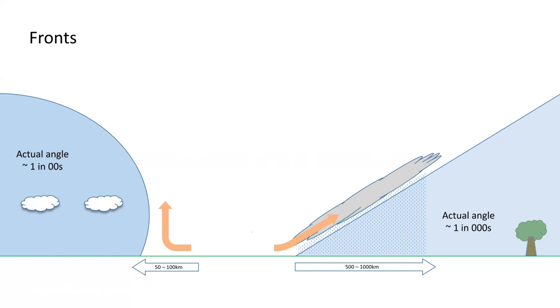Both sets of angles have been oversteepened so we can fit something meaningful on this diagram. But cold fronts tend to be 1 in 10s, high 10s to 1 in 100. It depends if they're an ana or a kata front as to how steep they are. But rest assured, a warm front is very much less steep than a cold front.